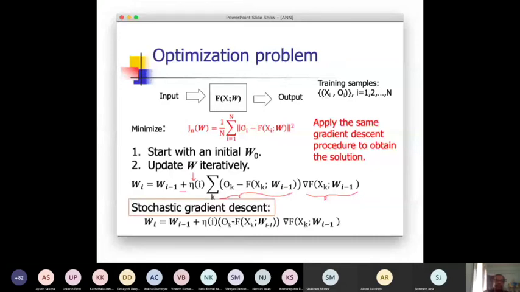Stochastic gradient descent will be given in this form, with this weight update equation. Incidentally, you can see the similarities here: while updating weights, this is a factor, meaning you are considering the difference between the targeted value and the predicted value, and multiplying it with the corresponding gradient value in the opposite direction.